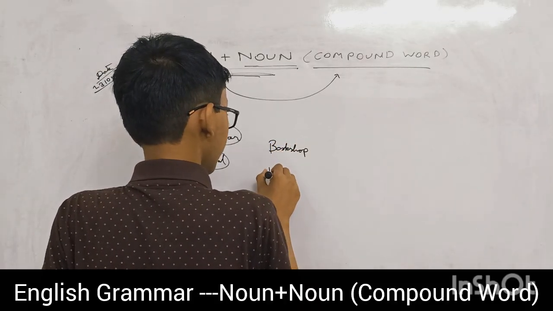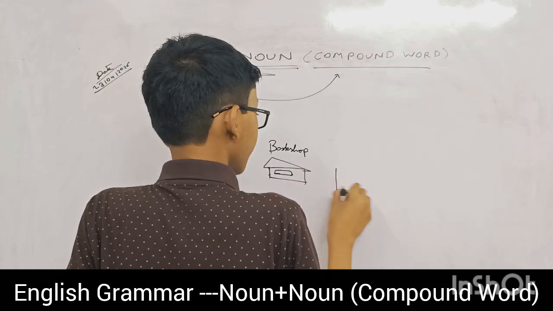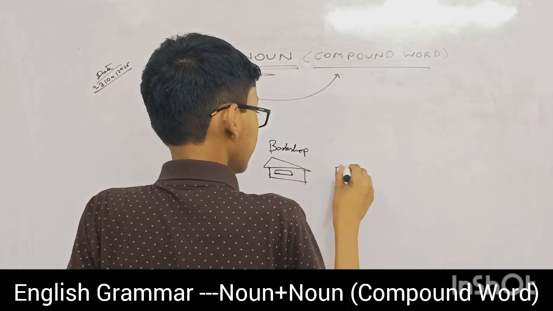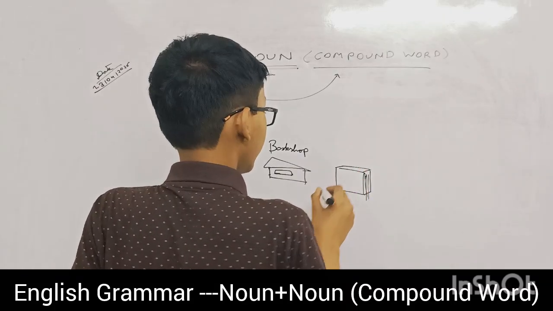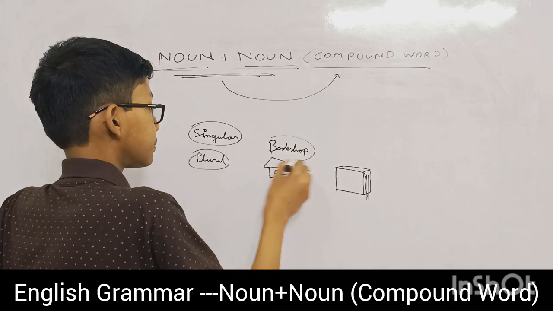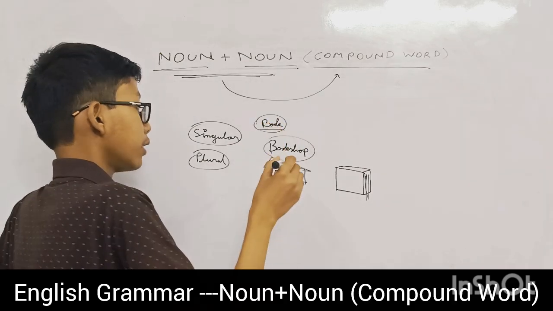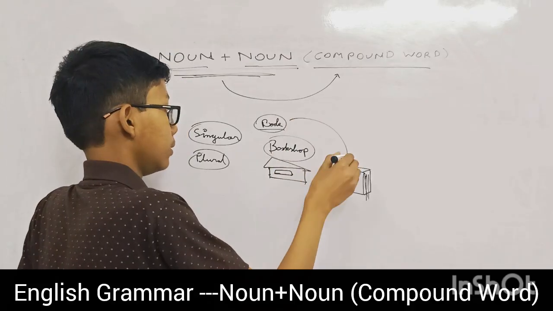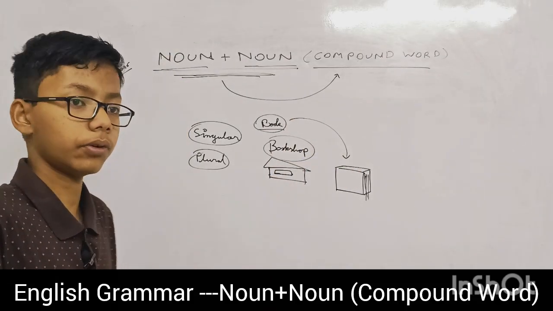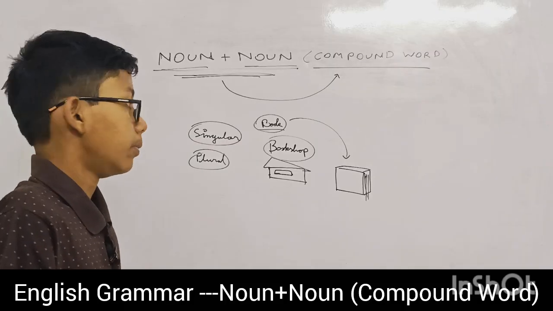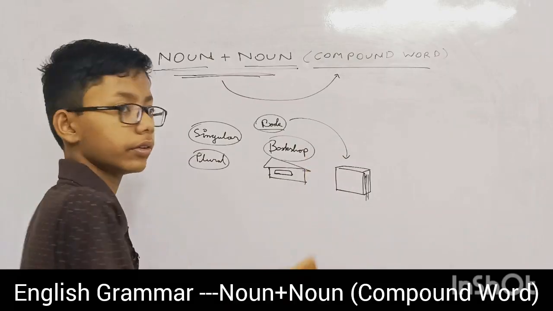It's a shop where you can buy books. Obviously, it's referring to a number of books, not just one book. Book is the singular form, but it's used to describe a store where you can find books. So even though it's singular, the meaning is plural.